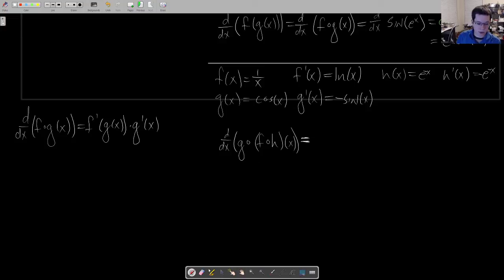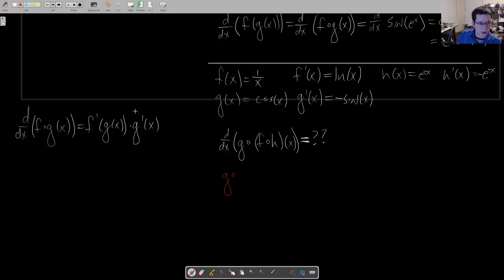Okay. So if this is what we're trying to find, then first we should probably find the function. G composed with f composed with h of x equals cosine of, you know what, I'm going to back up and color code because it's going to make it easier to follow.